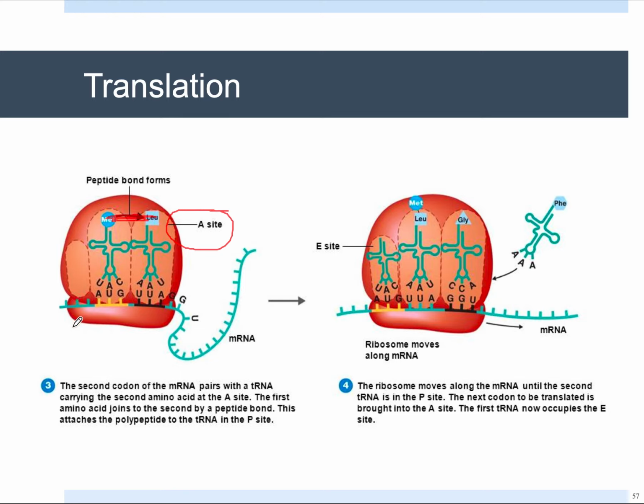Meanwhile, the ribosome is moving along the length of the messenger RNA, so it's moving in this direction. Once it moves, it's going to push the first transfer RNA that has the start codon attached to the next site on the ribosome, and that site is known as the E site. So this particular amino acid, leucine, that's attached to the second transfer RNA will then be moved to where you originally had the P site, and then there will be a space created for the next amino acid to be added.